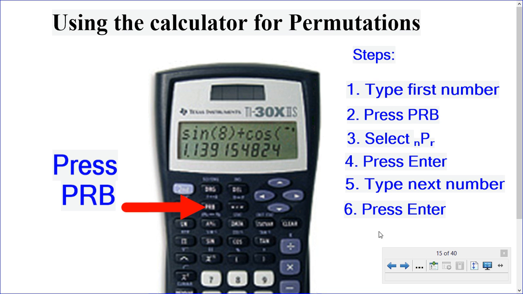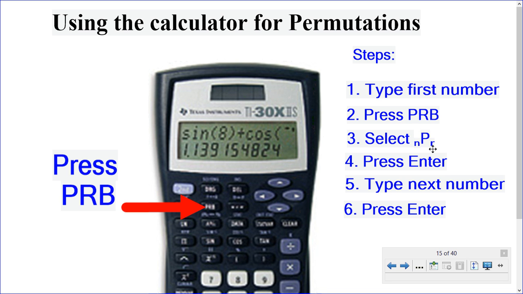We have a calculator button that deals with that. So we press our PRB button, and if we type in the first number, press PRB, and select nPr, the P stands for permutation, the n stands for the number of objects there are altogether in the total. Whereas r is the number of objects actually used, or the rate of usage.